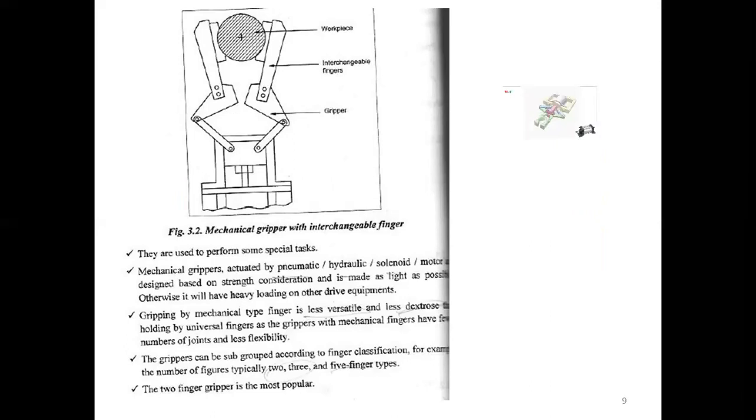So these are the types of grippers. In this video, the piston produces the pick and place operation with respect to the cam and follower or some other mechanical movement. This is another example, a single type gripper, where one finger is fixed and another finger is movable.